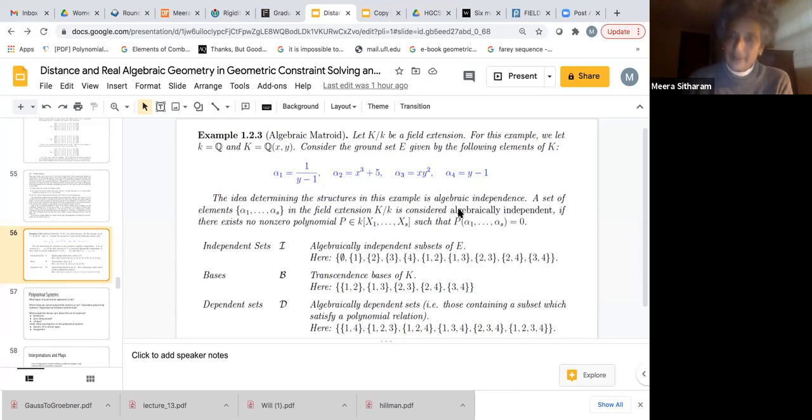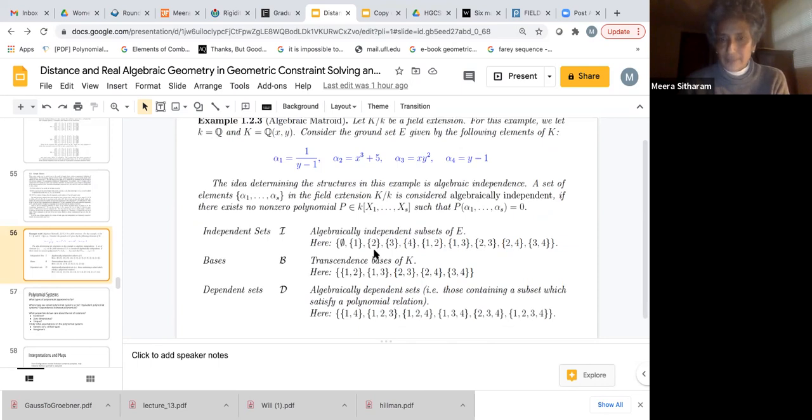This is the notion of an ideal, which we're going to talk about very soon, in the next two slides. But you can look here and verify for yourself that the independent subsets of this ground set are given here.